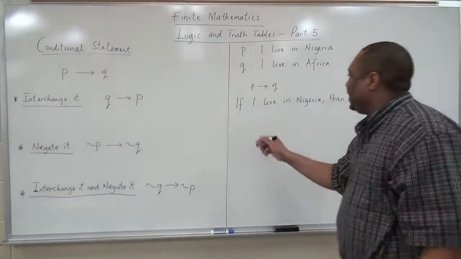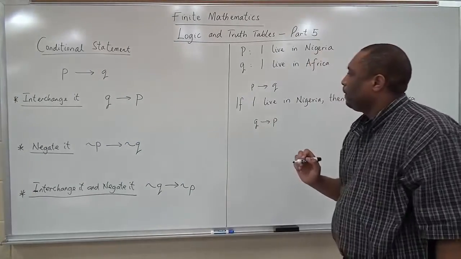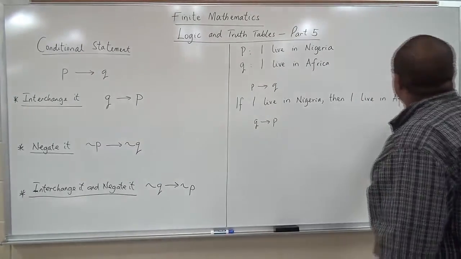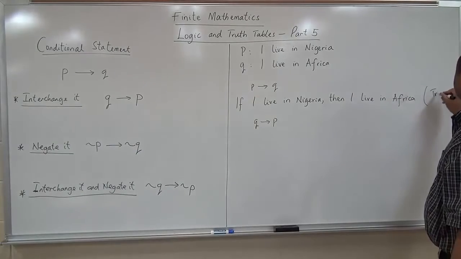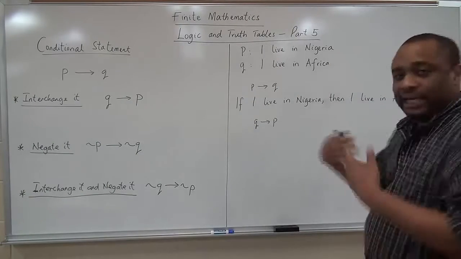Now, if we interchange it, Q implies P. This is true for those of us that know history, right? Because Nigeria is in Africa.